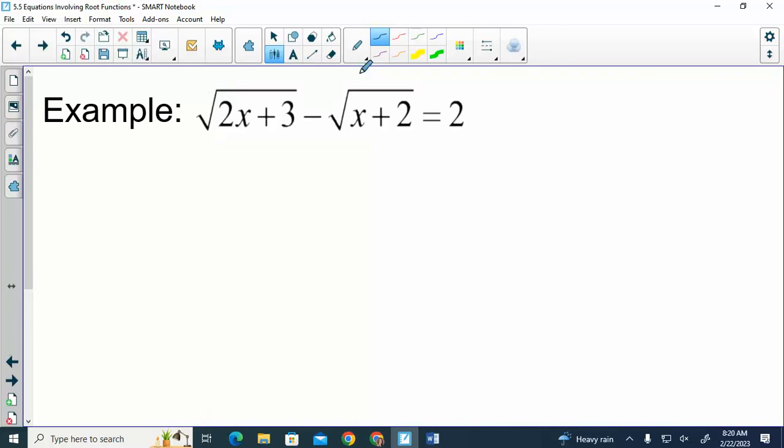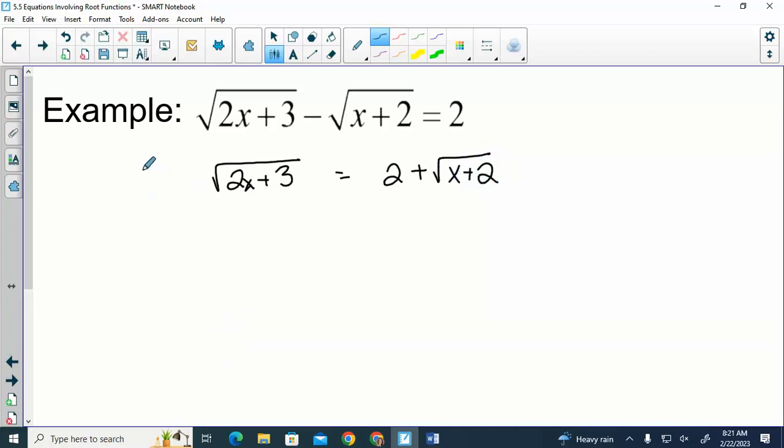If I try to square as it's written, then we end up FOILing with these radicals, which we can do, but you don't want it. That's not going to be pretty. So let's try.